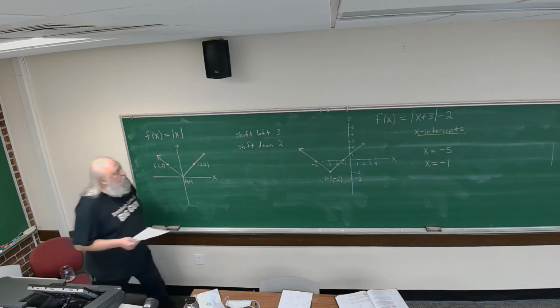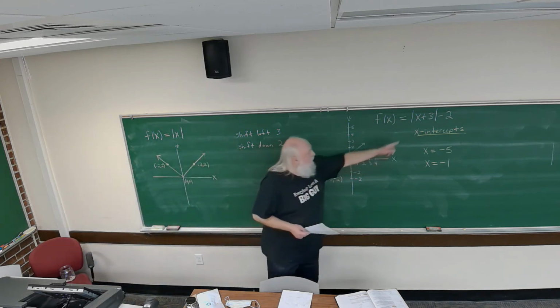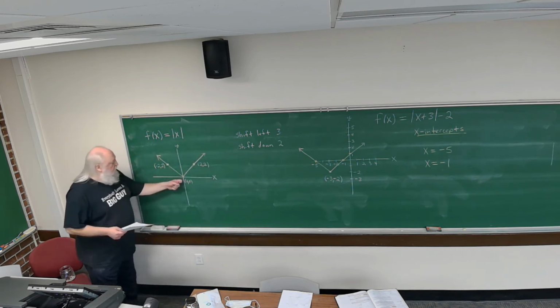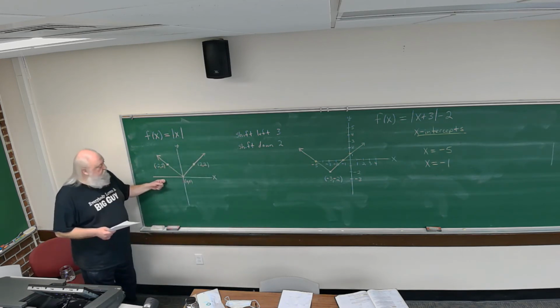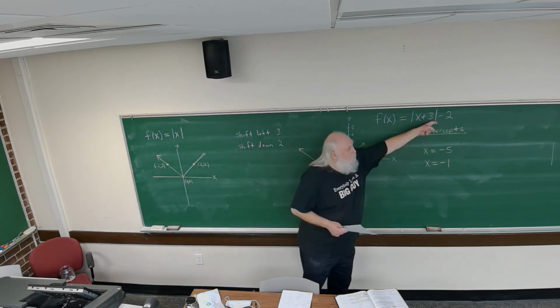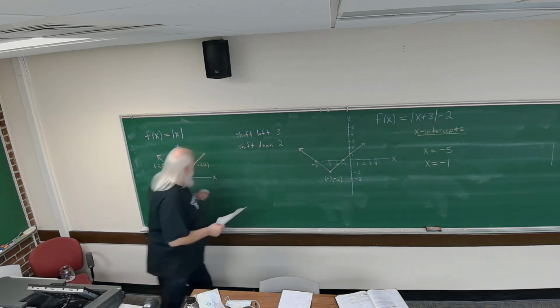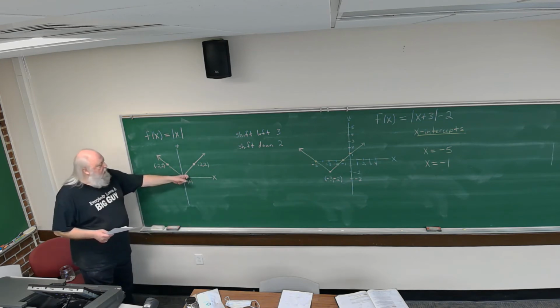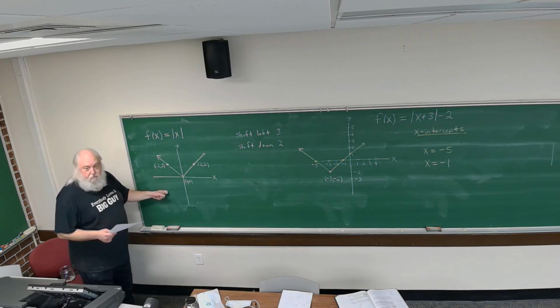And so when we replace x with x plus 3, that shifts this graph to the left 3 units. And then when we subtract 2, it then shifts this graph down 2 units.